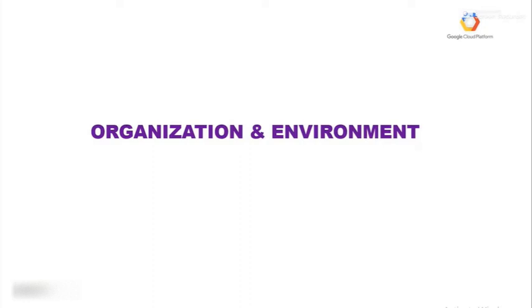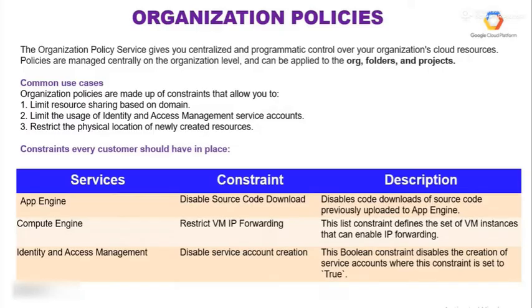So in any GCP, let's say once a client has given super admin access and the organization has been set, what basic infrastructure do we have to set? The first thing is your organization policies. Basically, no one talks about that, but this is very crucial.